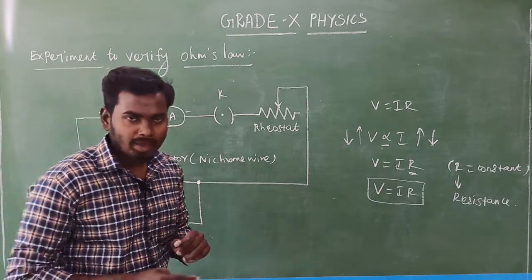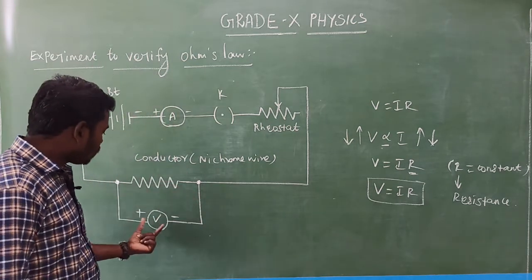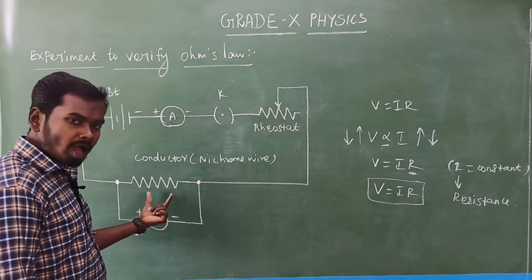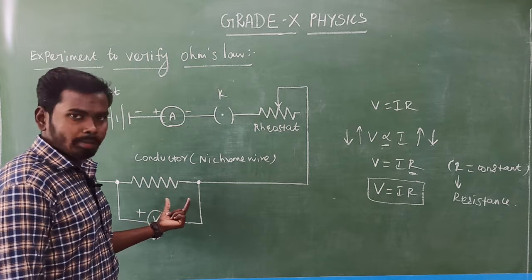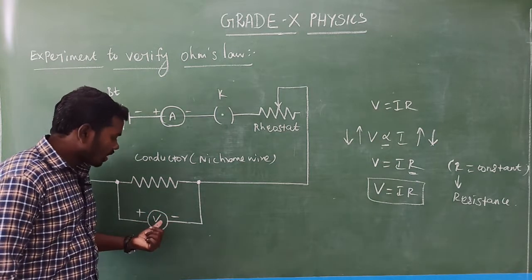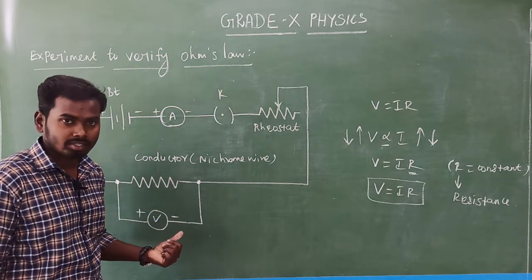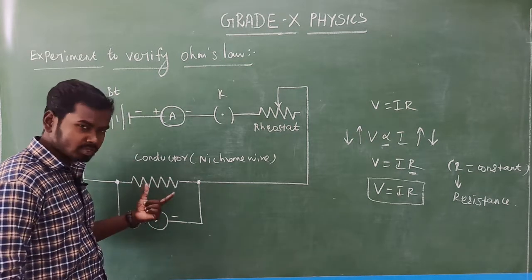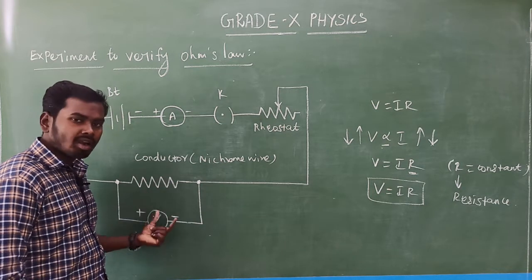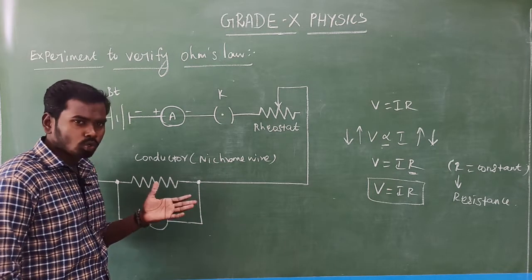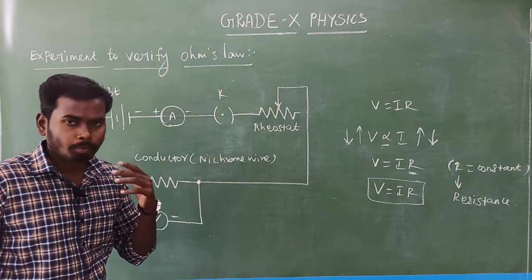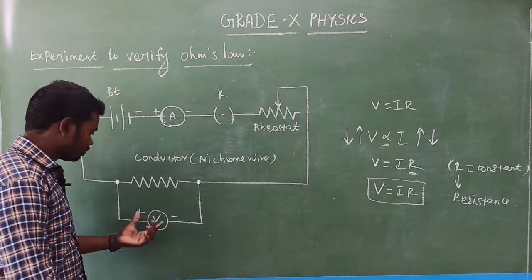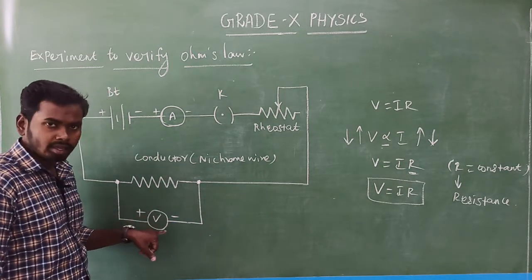Why is the voltmeter connected in parallel to this conductor? Because the voltmeter has high resistance. That is the reason why it is always connected in parallel to the conductor where the potential difference is to be calculated.